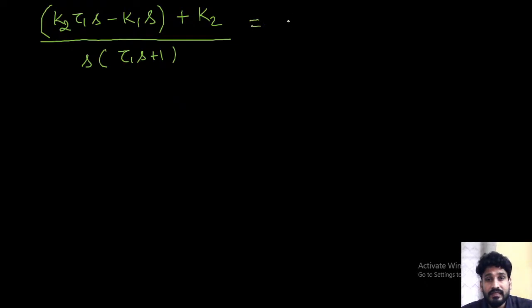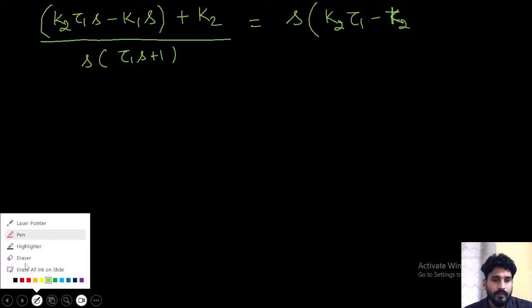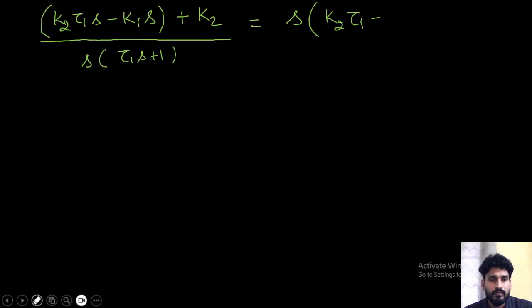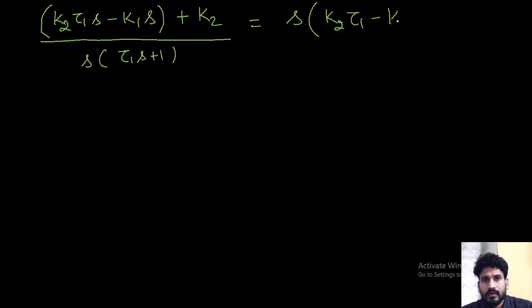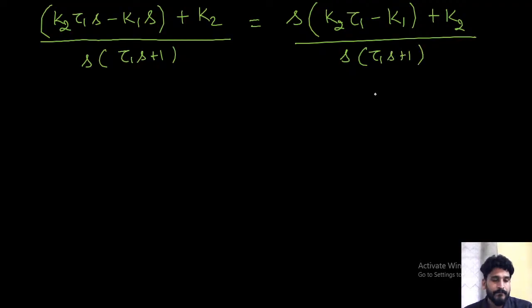If I keep s common, it is s times (k2 tau 1 minus k1) plus k2, divided by s into (tau 1 s plus 1). Is it clear?